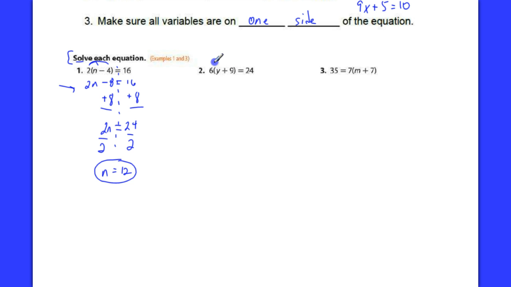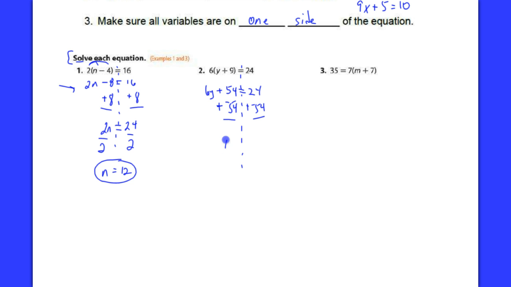I have 6 times y plus 9 equals 24, so let's divide that up. 6 times y is 6y, plus 6 times 9, which is 54, equals 24, which just stays there by itself. Now we solve this equation. I've got plus 54, so I'm going to add negative 54 to both sides.